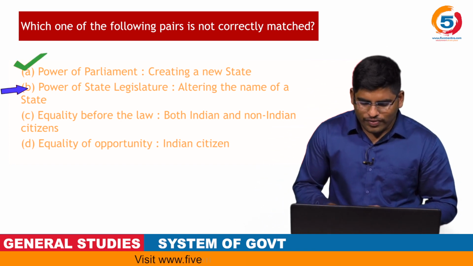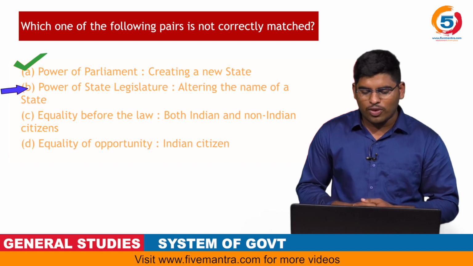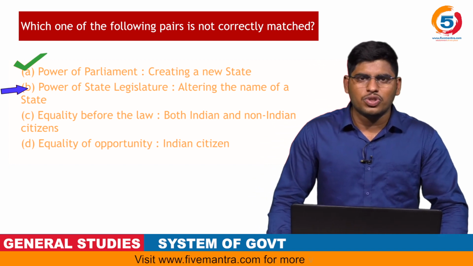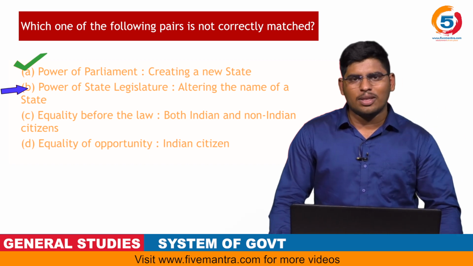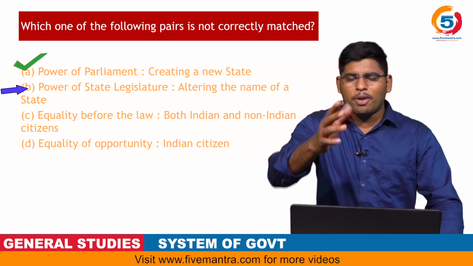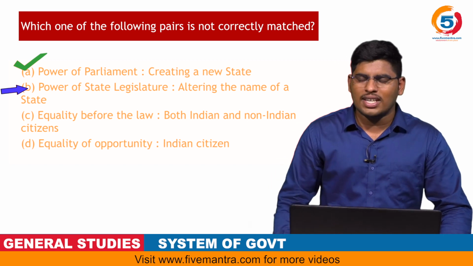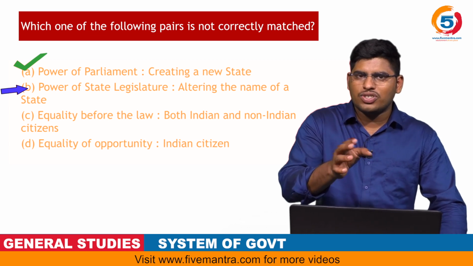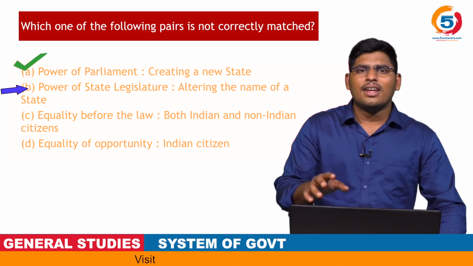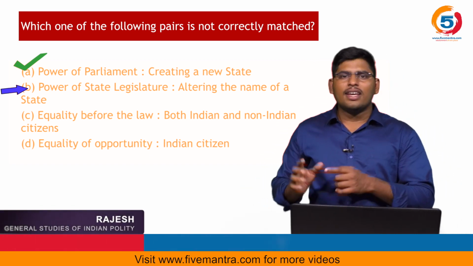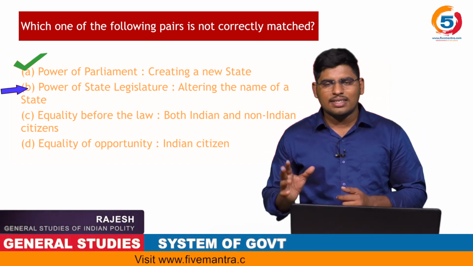Second, the power of state legislature to alter the name of a state. In order to alter the name of a state, first the resolution should be passed in the Rajya Sabha, which is the council of states, with a simple majority, that is, 1/3 majority. But after passing that resolution in the Rajya Sabha with 1/3 majority, it should be subjected to a special majority resolution in the concerned state legislature.